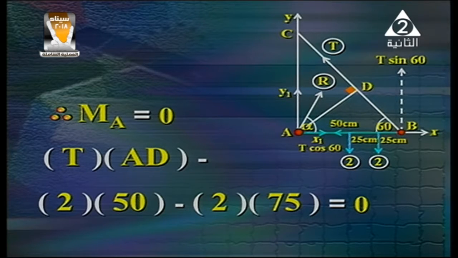The first force, the weight of AB at the midpoint, 2 times 50. The second force, 2 times the length between A and this force, which is 75. The third force, the tension force, times the distance AD.